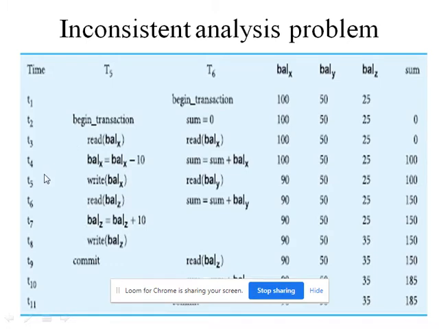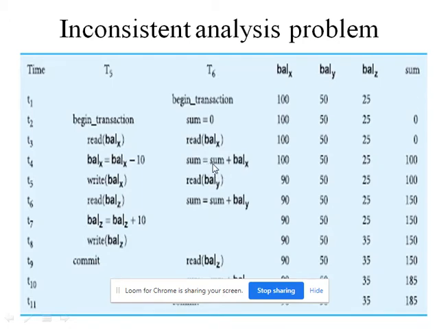At time T4, transaction T5 deducts 10 rupees from X. At the same time, T6 summarizes the balance and stores the previous value of X, that is 100 rupees. It is deducting and it is summarizing.